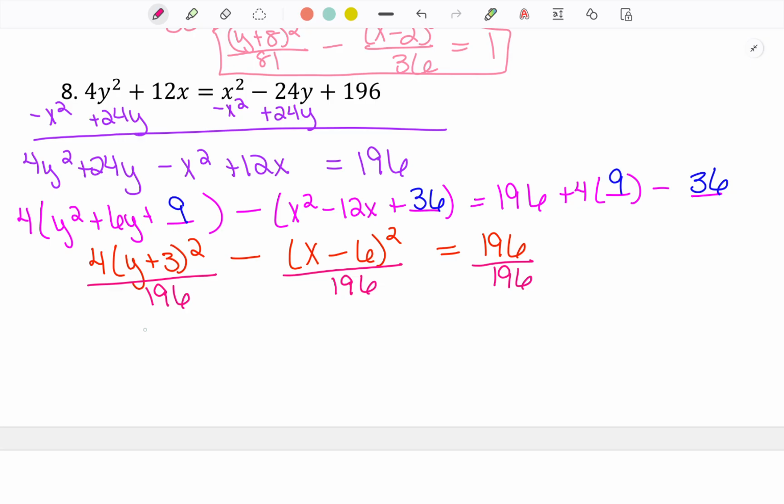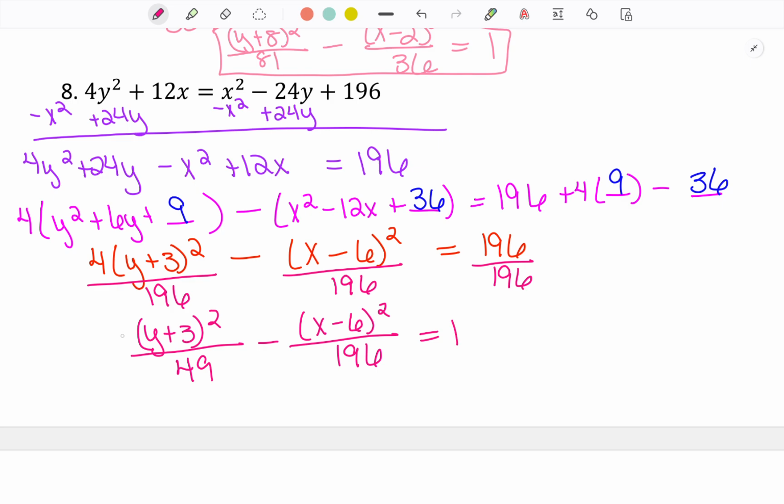So we will have y plus 3 squared over 49 minus x minus 6 squared over 196 equals 1.